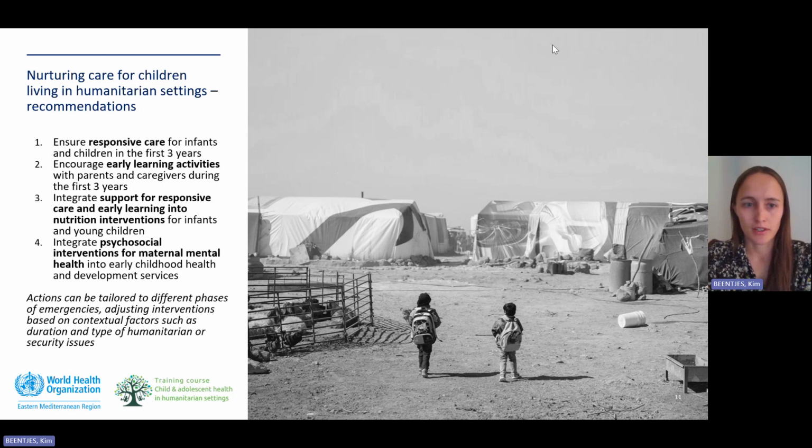Encouraging early learning activities with parents and caregivers during the first 3 years. Then it also includes integrating support for responsive care and early learning into nutrition interventions for infants, and integrating psychosocial interventions for maternal mental health into early childhood health and development services.